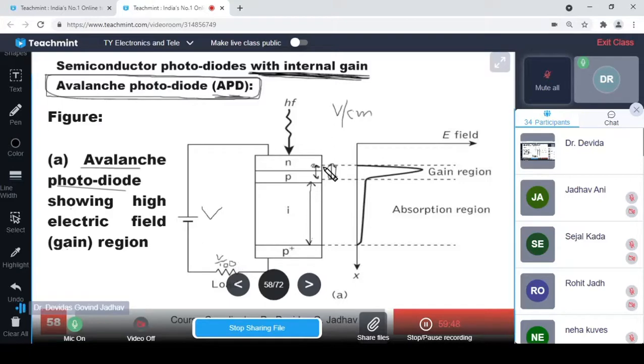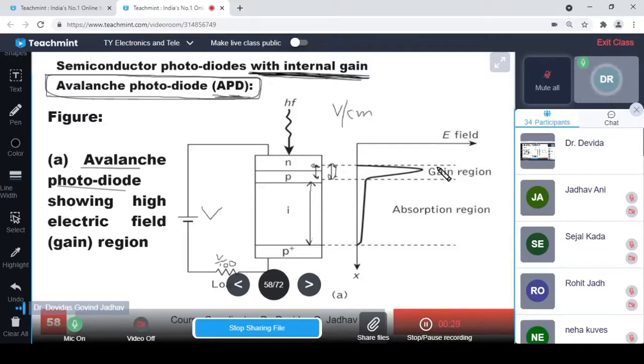The junction depletion region is very short, therefore a very high electric field is produced, and the intrinsic region is sufficiently wider, so the field produced is lesser as compared to the junction region. So the electric field available in the intrinsic region is moderate, but the electric field available in the junction is very high. So this acts as a gain region.